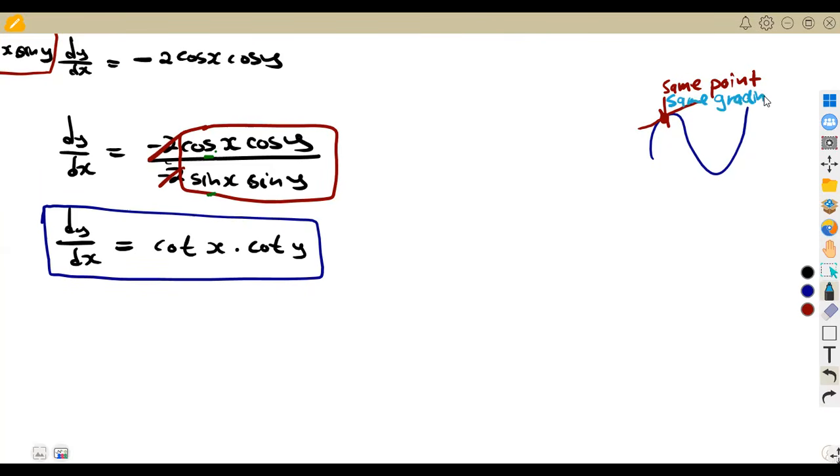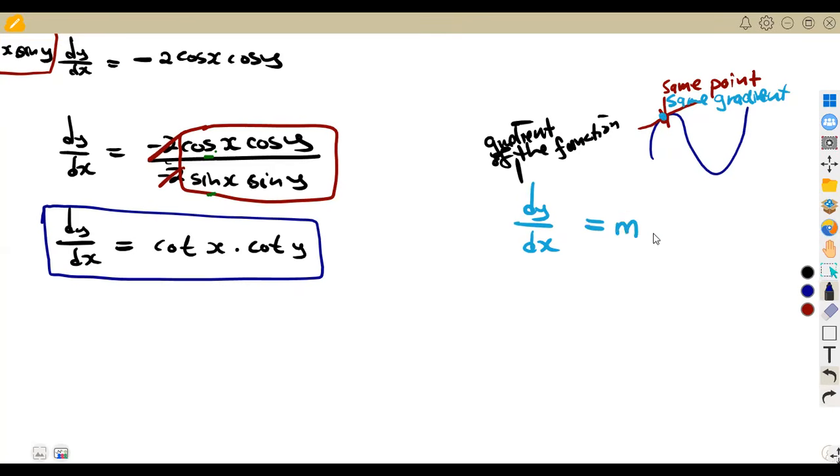Having the same point, they also possess the same gradient. So meaning to say, the gradient at this point of the function, which is dy dx, representing the gradient of a function. So dy dx is the gradient of the function, which is our f of x or whatever that we have. It is supposed to be equal to the gradient of the tangent at that point, which is m.